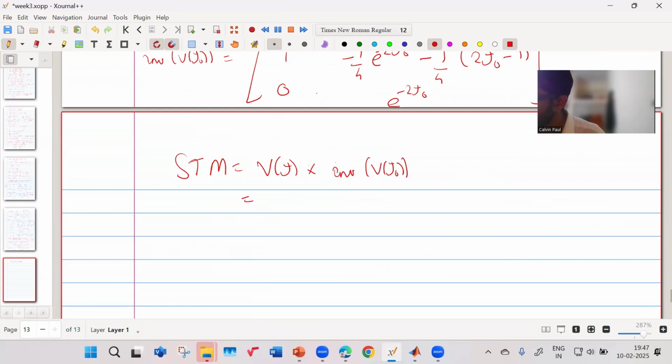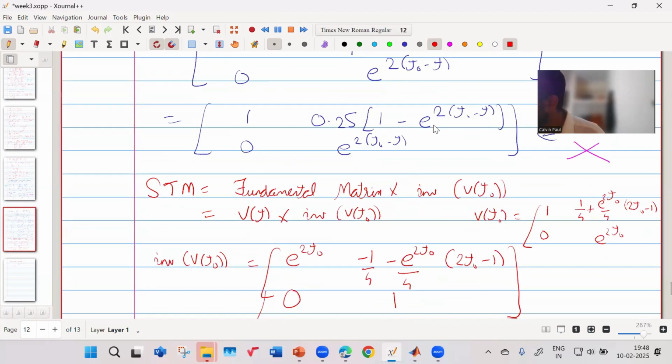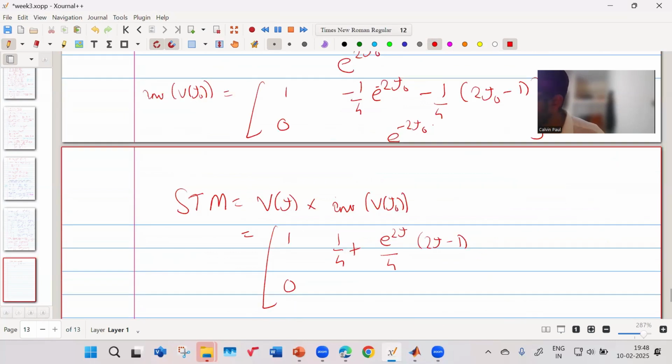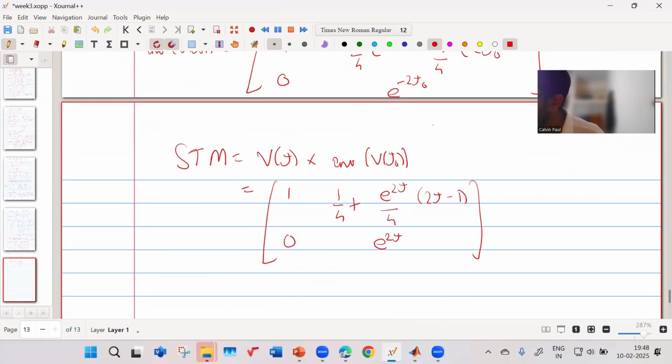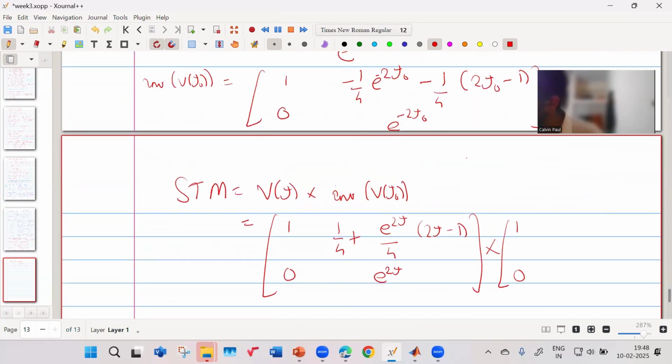Our v of t is actually 1, 0, 1 by 4 plus e to the power 2t upon 4 into (2t minus 1), and here it will be e to the power 2t. So this is our v of t into the inverse of v of t0, that is again 1, 0, minus 1 by 4 e to the power minus 2t0, minus 1 by 4 into (2t minus 1) into e to the power minus 2t0. Okay.